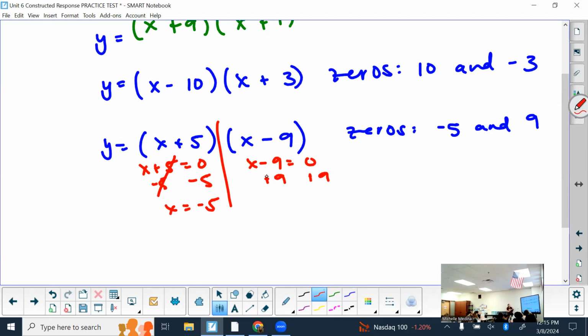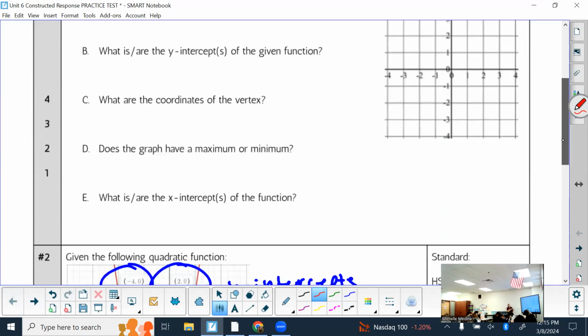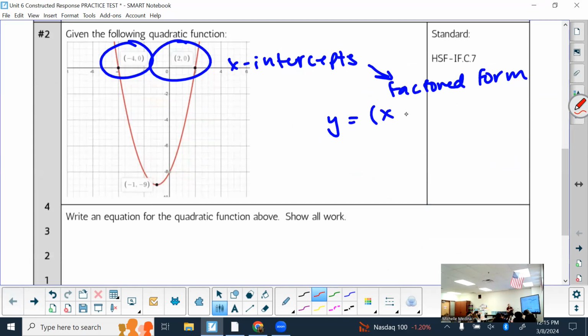And then it's +9 to make this one 0. But now when you're doing the reverse, trying to make the equation from the zeros, what should I put right here after the parentheses x? What needs to go next?